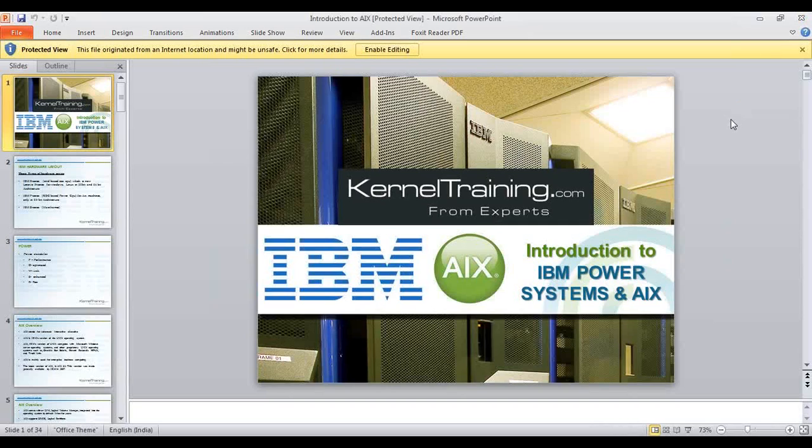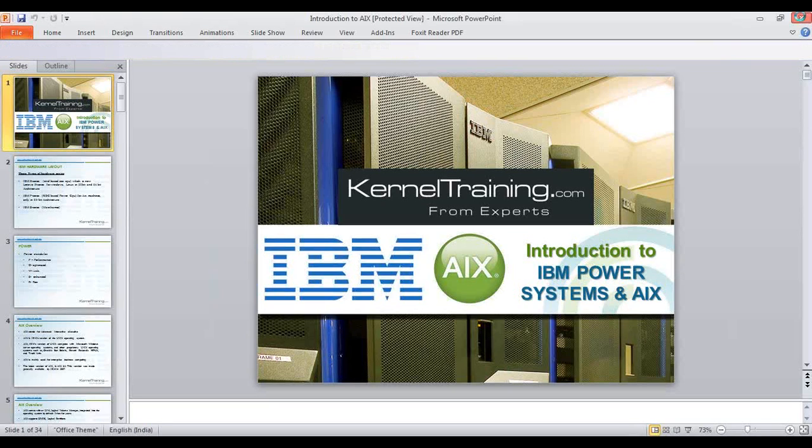So this was a bit of an introduction to what IBM Power Series machines are available. Our work will be completely on Power Series machines. Whatever we have to do, we do it on the power systems, and only then will we be able to work with AIX. And AIX cannot be installed on laptops or desktops like other operating systems.